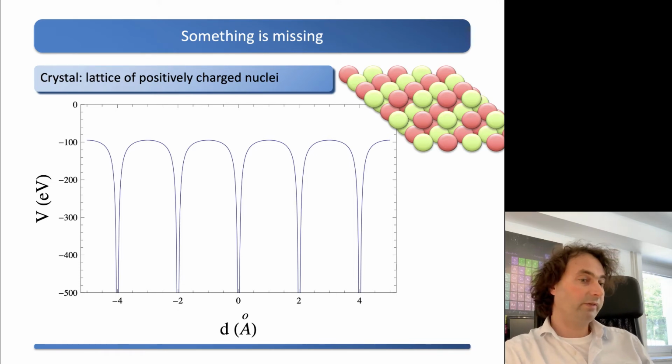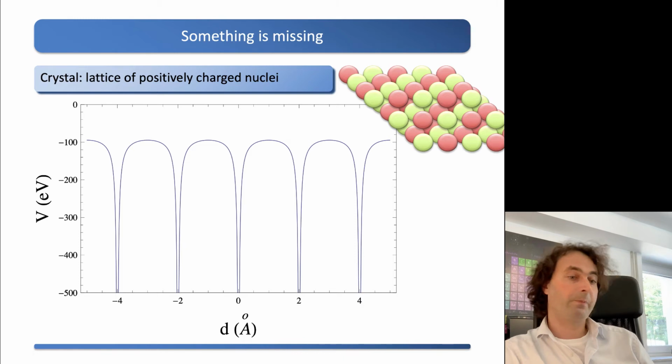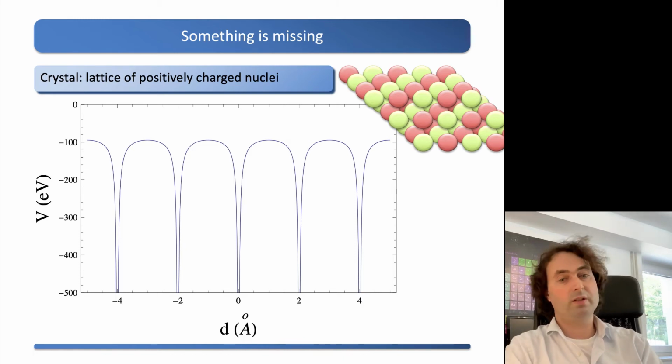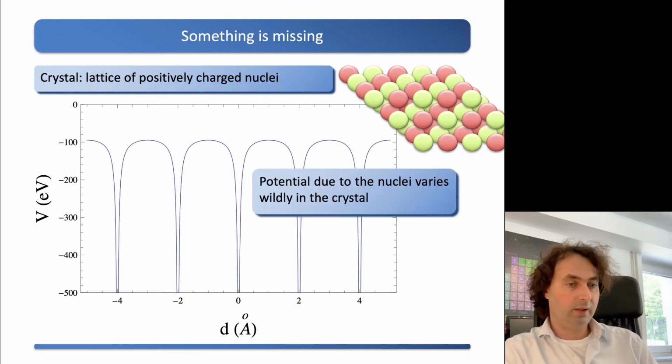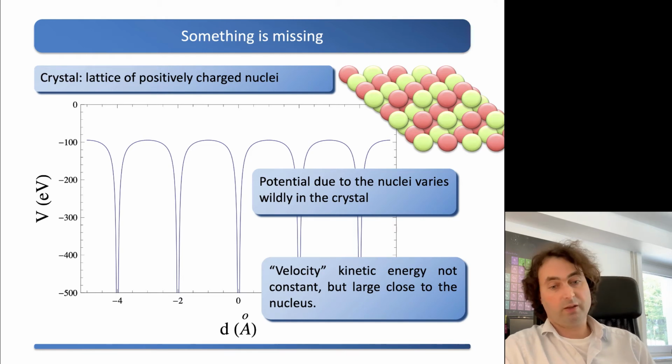So if you just make a very simple model, let's say the electron is traveling, and when it gets close to the nucleus it's accelerating, and then further away of the nucleus it's decelerating again, then you can calculate what the kinetic energy would be, and with that what the large and small component would be, or the correction that we have.